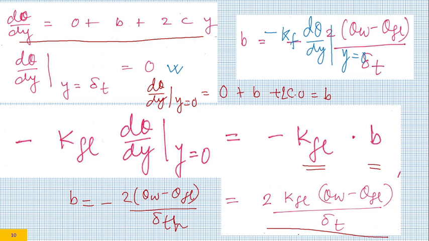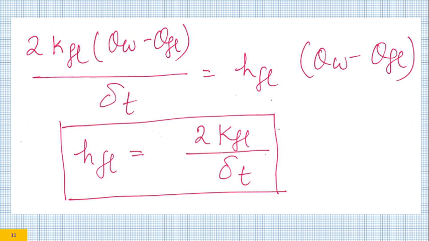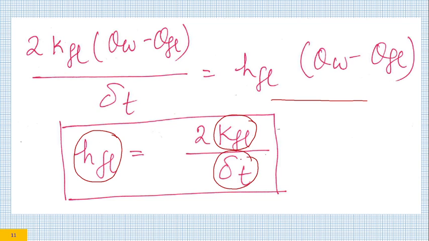And that conductive heat transfer is equal to the convective heat transfer. So when you match them together, you get a value of HFL, that is the convective heat transfer coefficient of the grinding fluid, equal to 2 times KFL, that is its thermal conductivity, divided by the thickness of the thermal boundary layer. So it is a material property and it is also a property of the boundary layer.